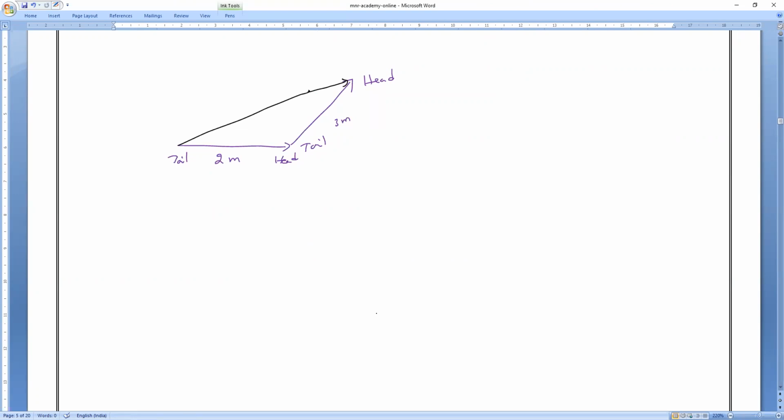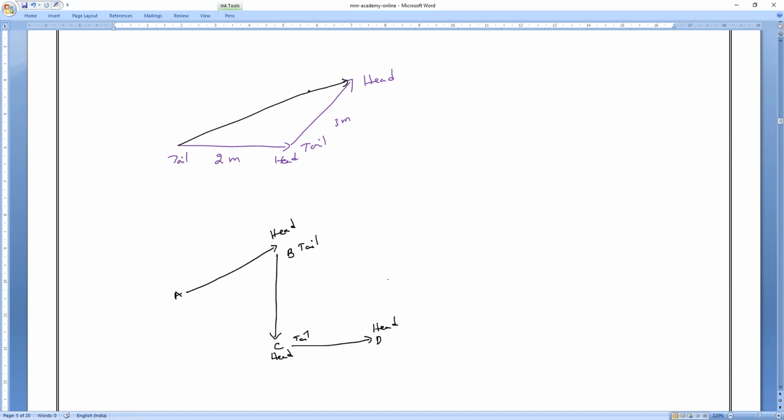Next, for example, let me take this as my first vector. And this is my second vector. Be very careful. So here is the head, and here is the tail. Next, this is my third vector, CD. This is the head of this one, and this is also a head, so here will be the tail.